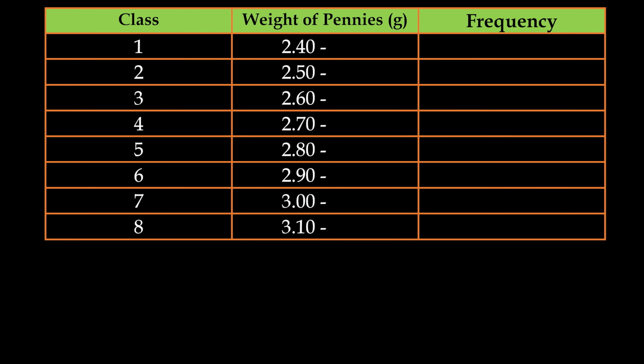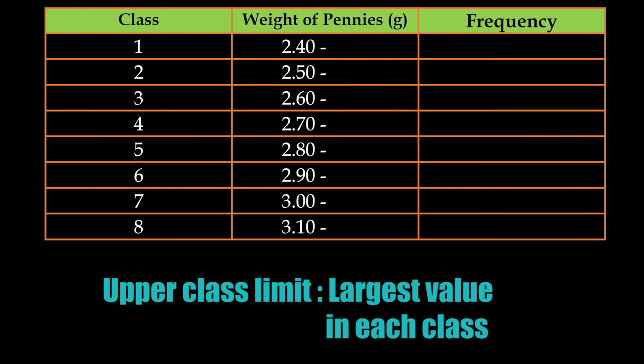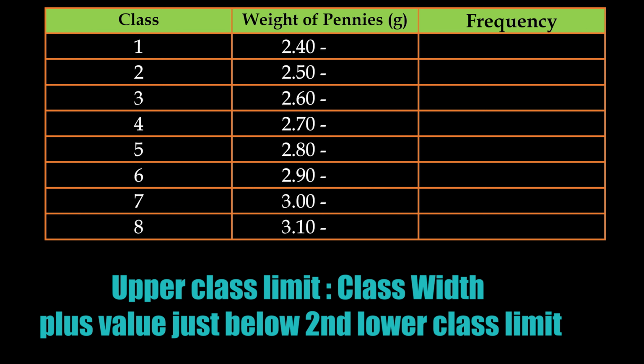The next thing we want to do is find the largest number in each class. We call this the upper class limit. To find the upper class limit, find the value just below the second lower class limit. Here, the second lower class limit is 2.5.